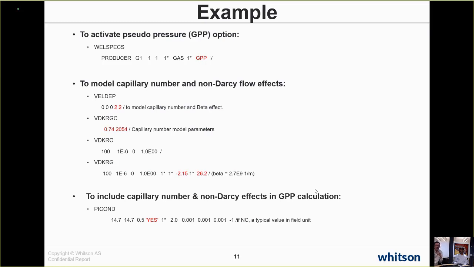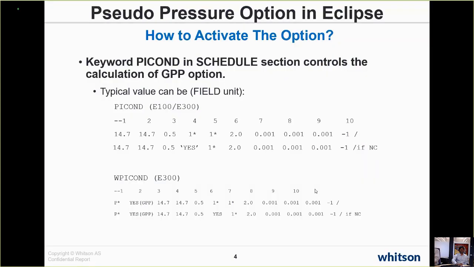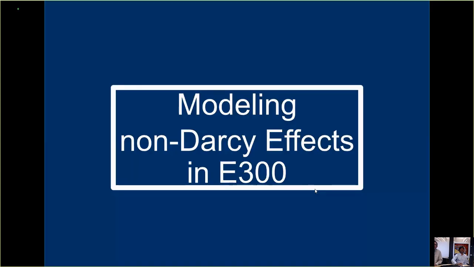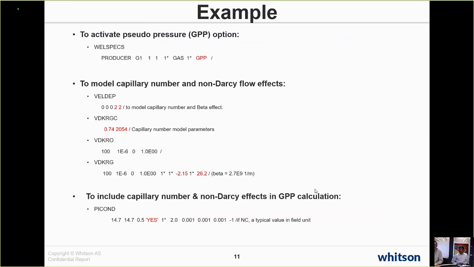That's correct. So this is based on our experience. They're not just a random example; these are the default recommendations. And that's by us, not by Schlumberger. They have some different default, but this is based on our experience.